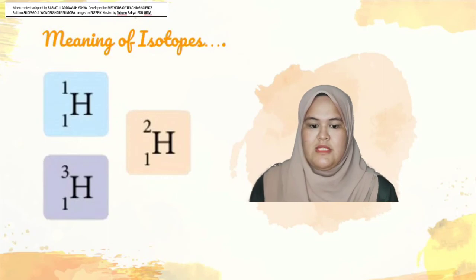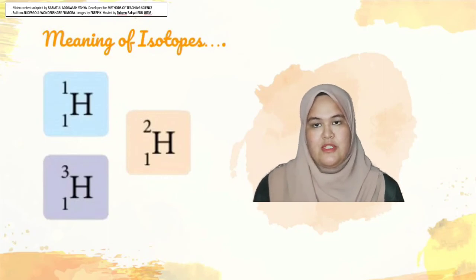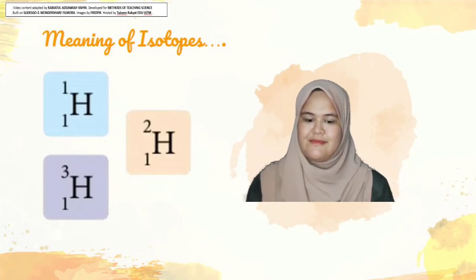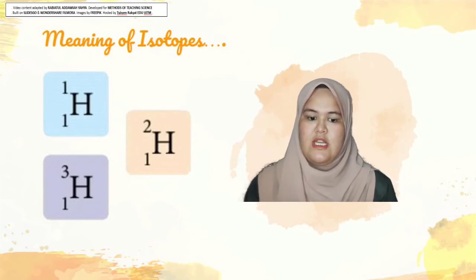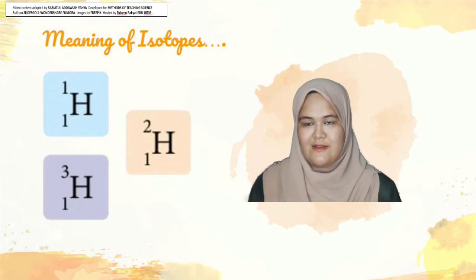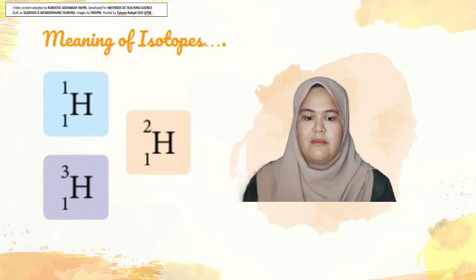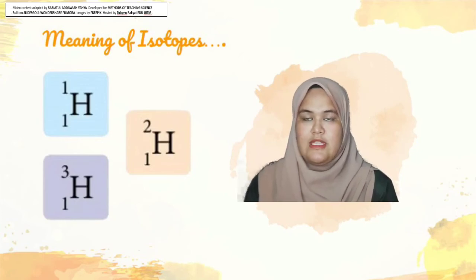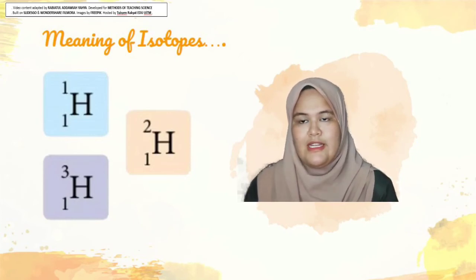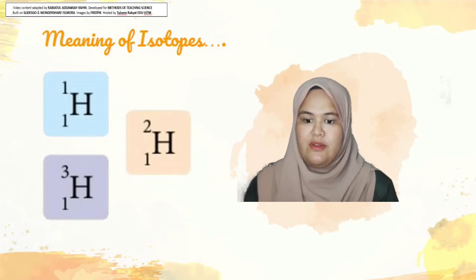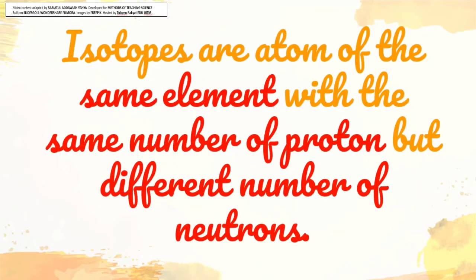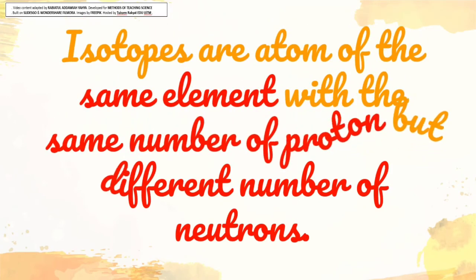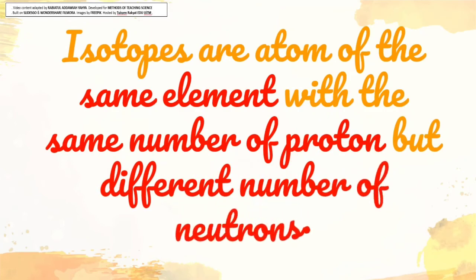All these 3 atoms of hydrogen have the same proton number but different number of nucleons. These hydrogen atoms are known as isotopes. Isotopes are atoms of the same element with the same number of protons but different number of neutrons.